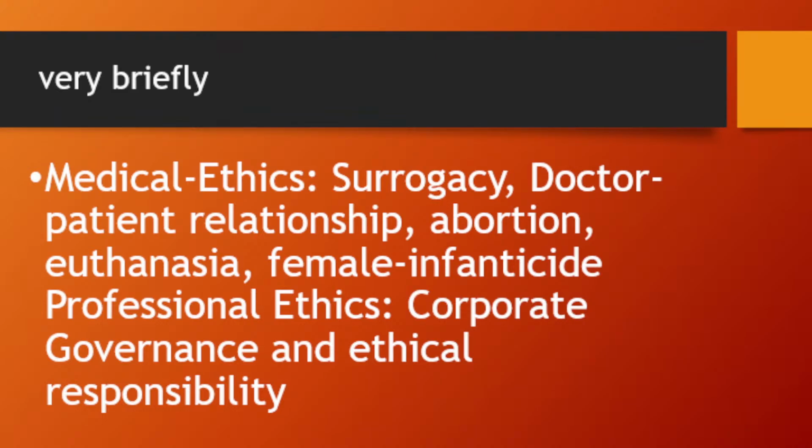Now, euthanasia and female infanticide. First, talking about euthanasia. Euthanasia is the practice of intentionally ending the life of a person who is terminally ill or in a persistent vegetative state.